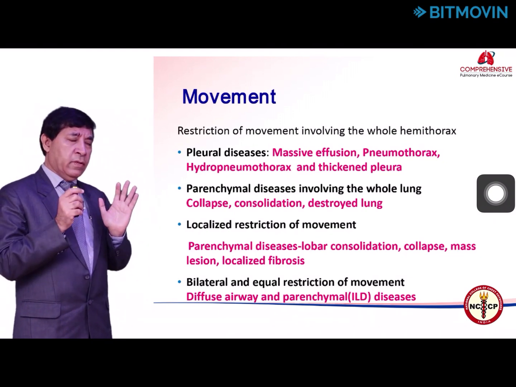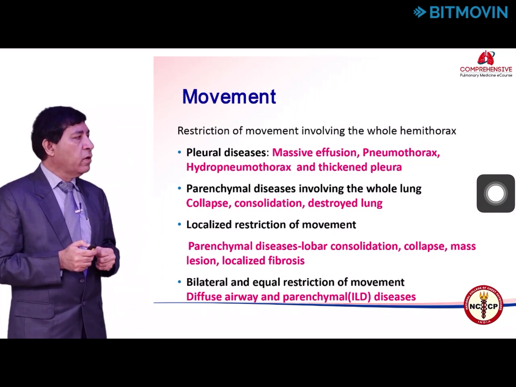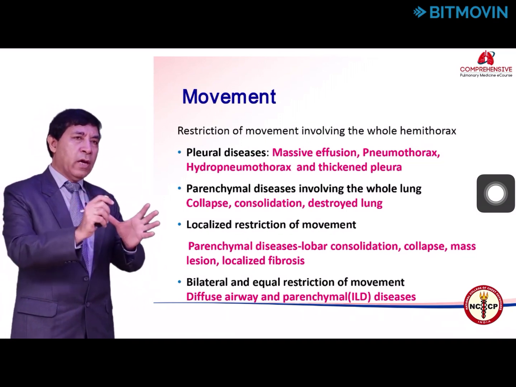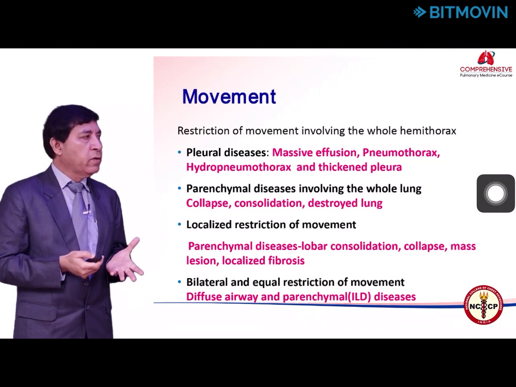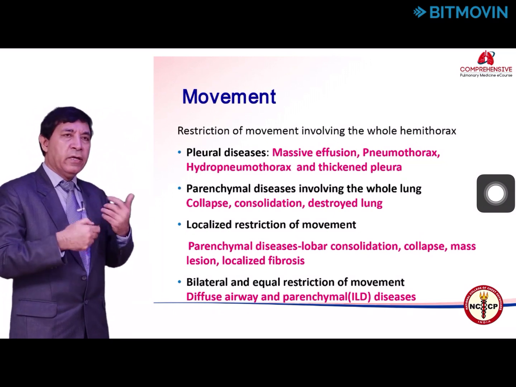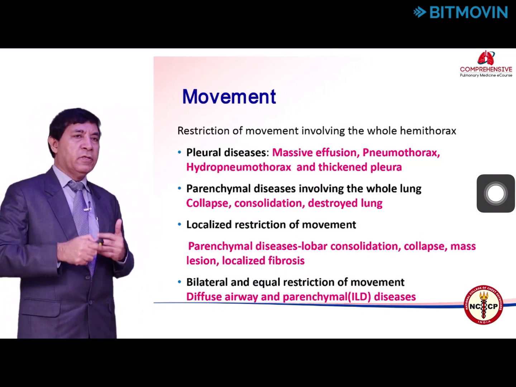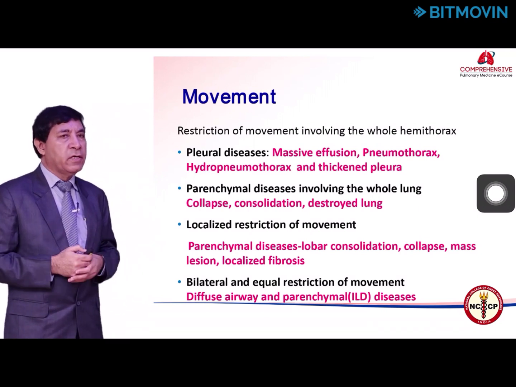When a particular segment or lobe of the lung is involved, then movements may be localized to the surface anatomy of that lobe. So if the movements are localized either anteriorly or posteriorly, then most likely this patient has a localized parenchymal disease.